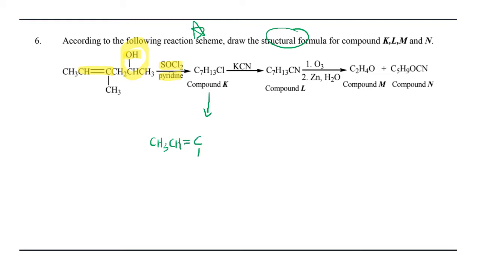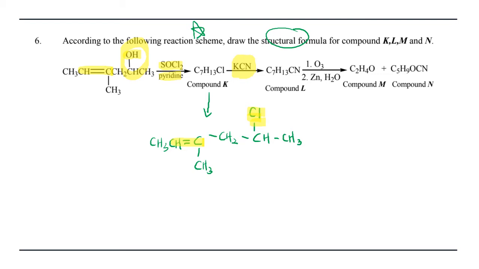And then CH3, CH2, CH, CH3. So the OH will be replaced by the Cl. Now the compound has the double bond and also has the halogen. When we see KCN, we know the KCN will react with the haloalkane.